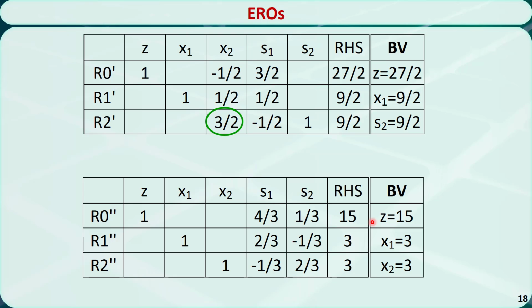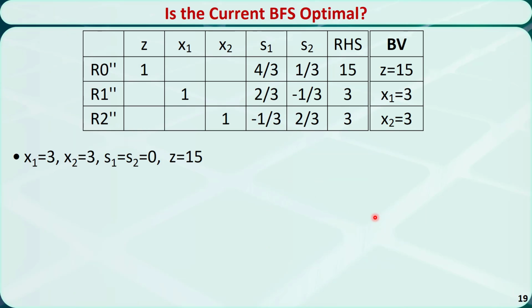So we used the pivoting procedure to go from one basic feasible solution to a better adjacent basic feasible solution with the largest z value. This is the second iteration. Let's write out the basic feasible solution. x1 is equal to 3, x2 is equal to 3, s1 is equal to s2 is equal to 0, and z is equal to 15 for this basic feasible solution.